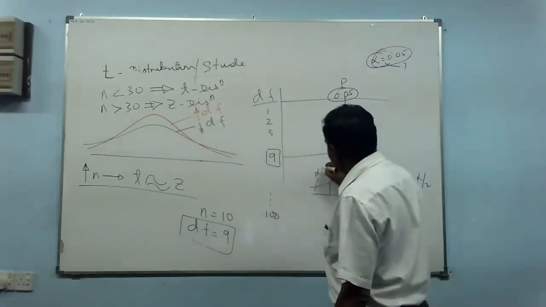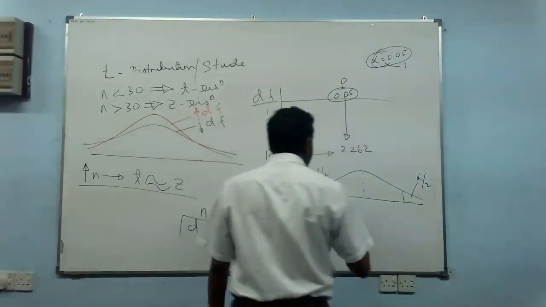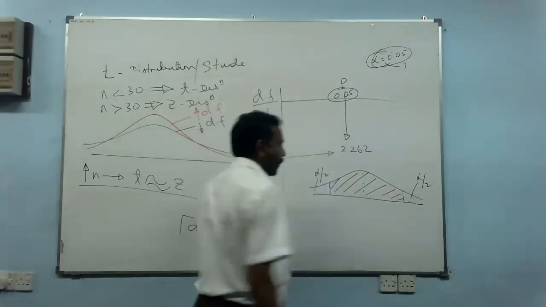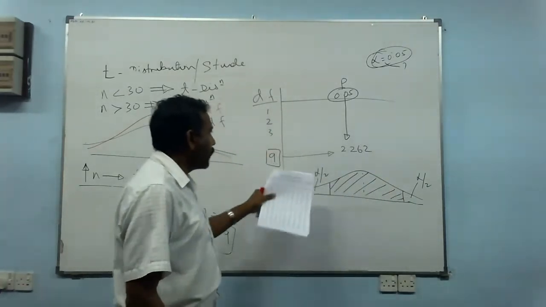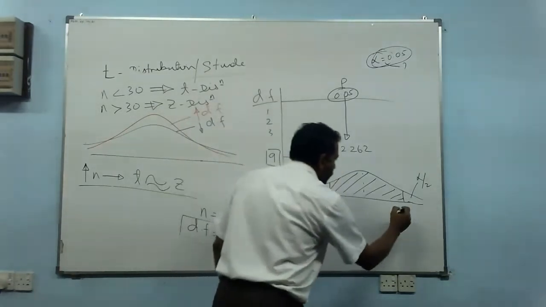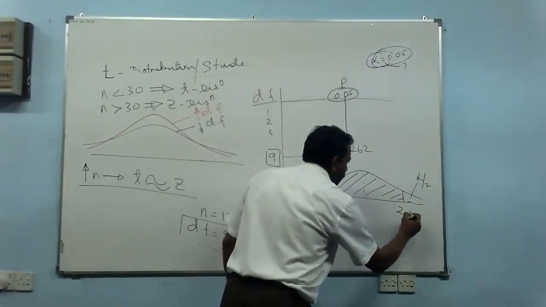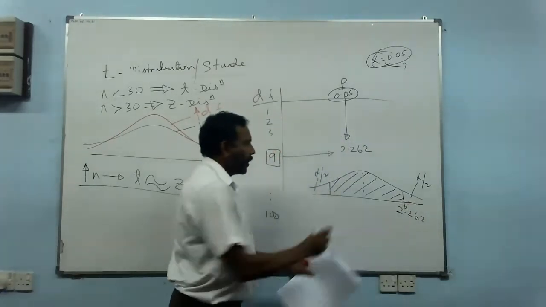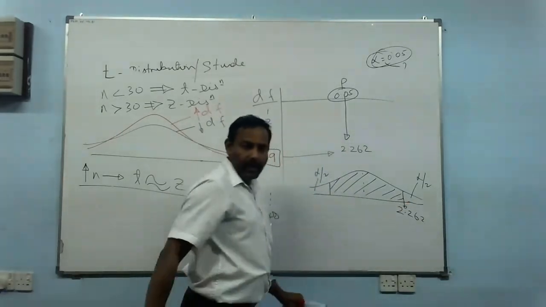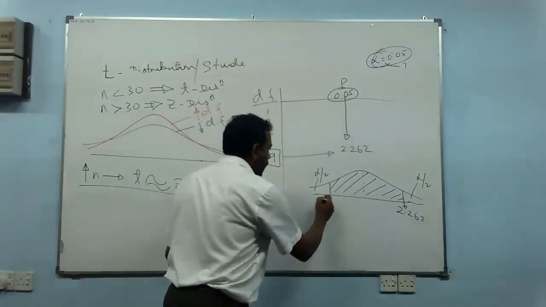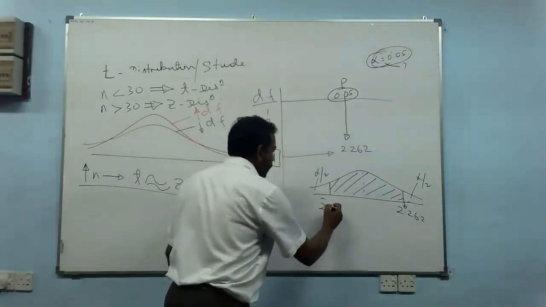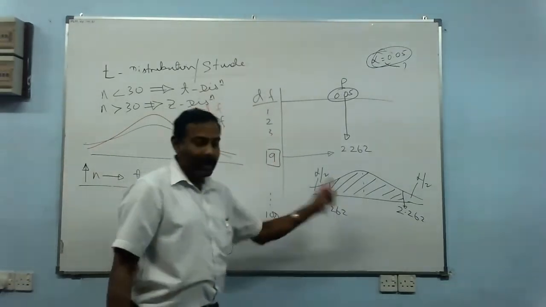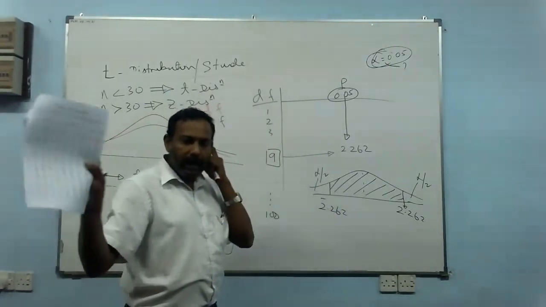This is also alpha by 2, right? It will give this area as the probability area. So this 2.26 is positive because it is beyond 0, and negative on the left side because it is symmetric. So this is how the table reads.